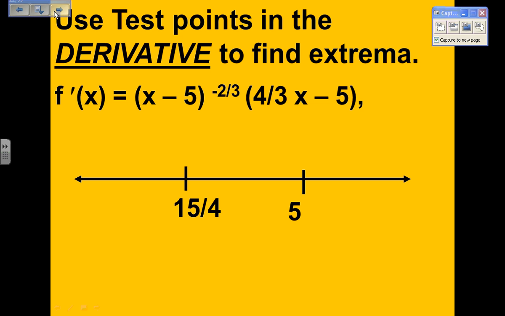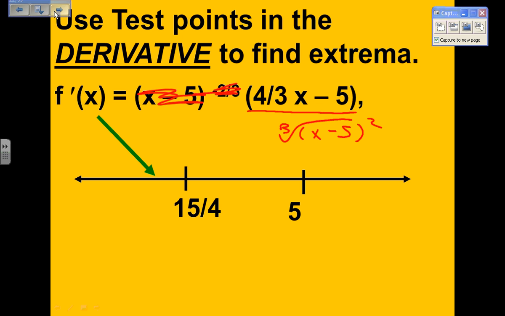Some people might like to look at it like this: the cube root of (x minus 5) squared. The bottom is always going to be positive, isn't it? So if I put in 0, the top is going to be negative. So that means the function is decreasing.